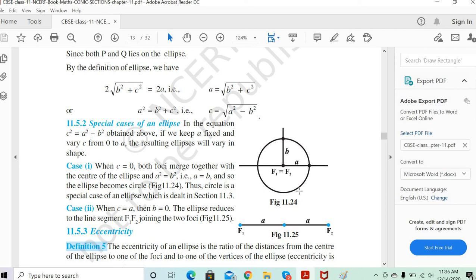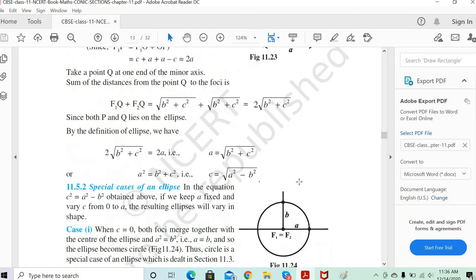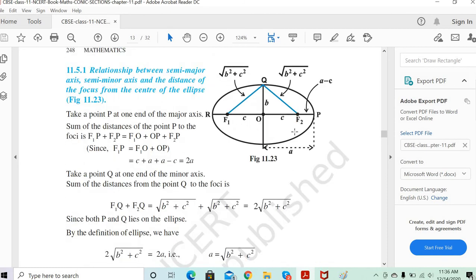Now look at this, Vijay. Here you have the equation C is equal to the square root of a square minus b square, isn't it? Now C is nothing but the distance, 2C. Basically 2C is nothing but the distance between the two foci, F1 and F2.